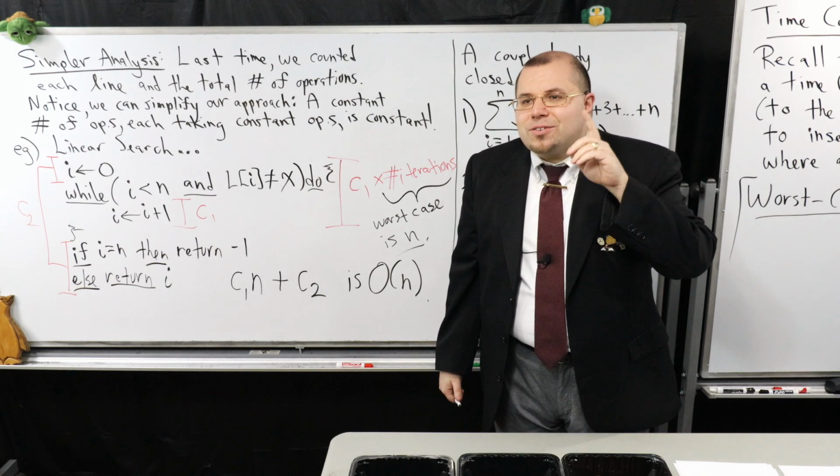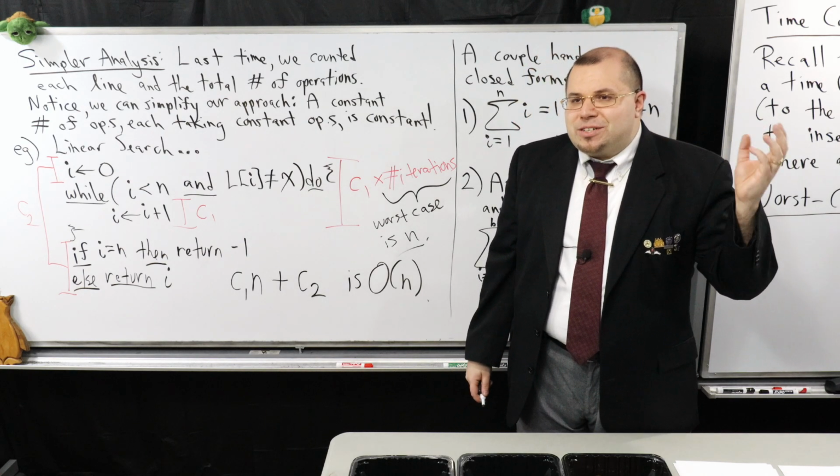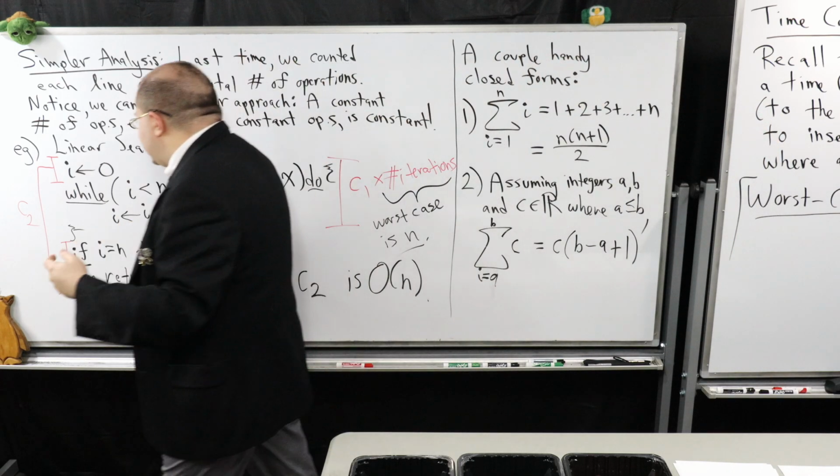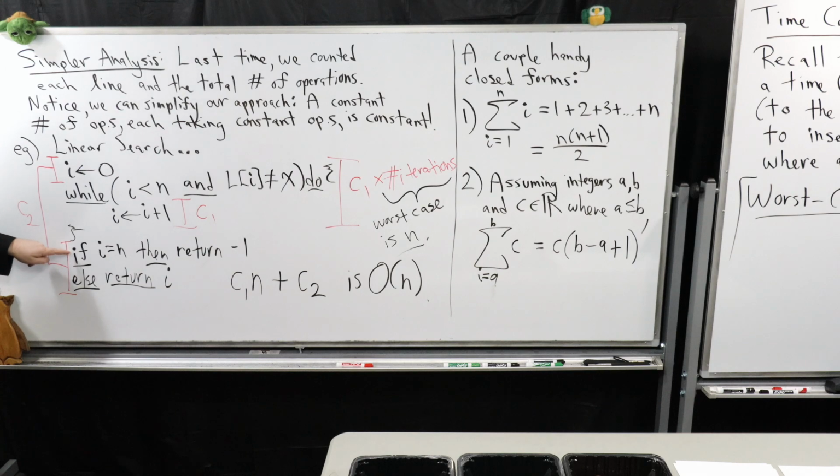Could we just consider them as a single constant? Yes, so what I'm saying is that notice that lines 1, so if I were to number them like 1, 2, 3, 4, 5, notice that lines 1, 4, and 5 all take a constant number of operations.